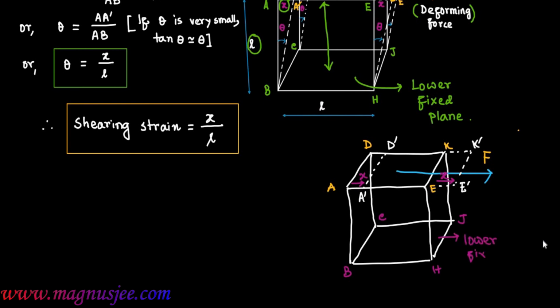BHJC is the lower fixed plane of the cube. L is the distance of the upper face of the cube from the fixed plane.